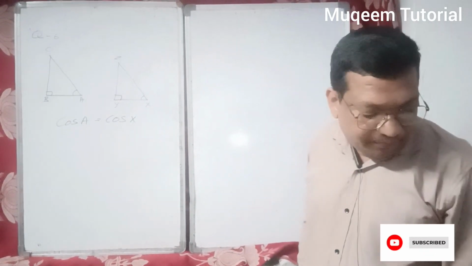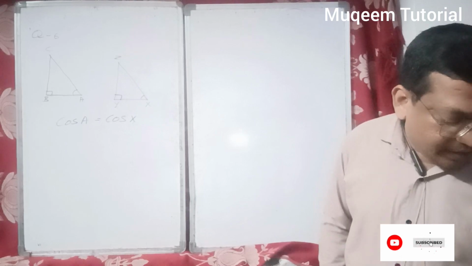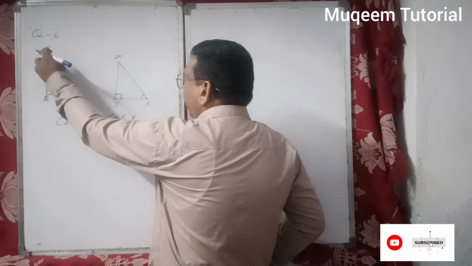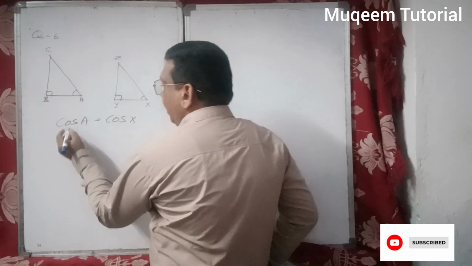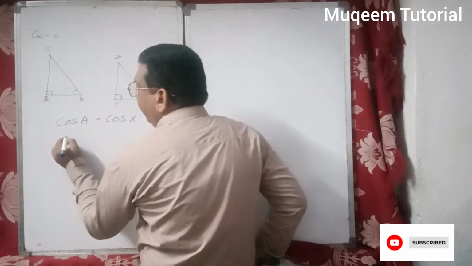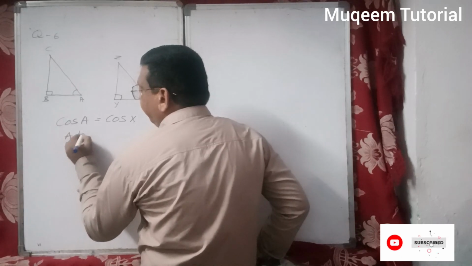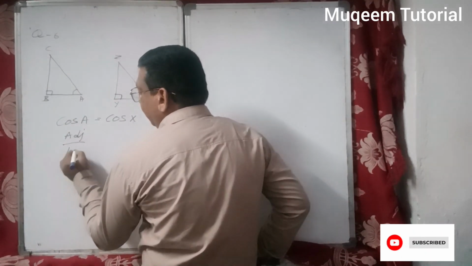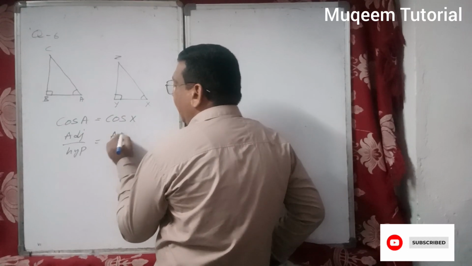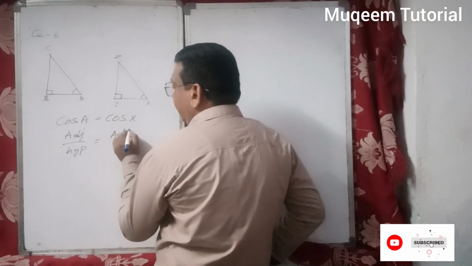So we know that cos A is adjacent by hypotenuse, and this is also adjacent by hypotenuse.